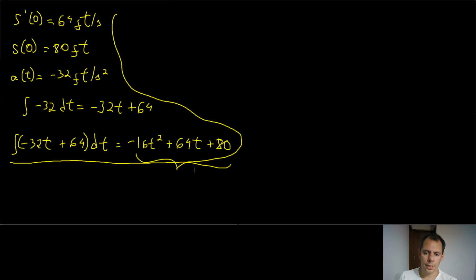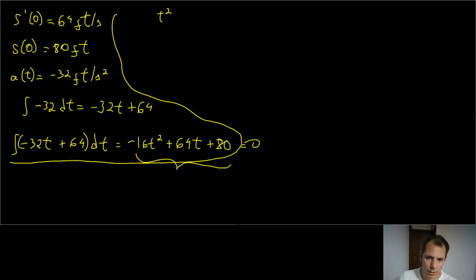So since I'm going to equate this to 0, I'm just going to change the sign, because you see that this is a quadratic equation and I like the a coefficient to be positive. As a matter of fact, I'm going to divide this whole thing by minus 16. So minus 16 divided by minus 16 is 1.